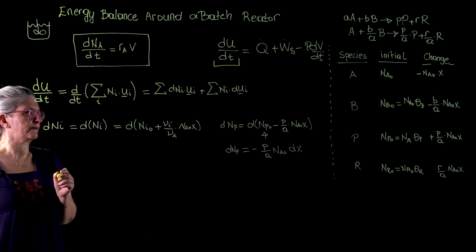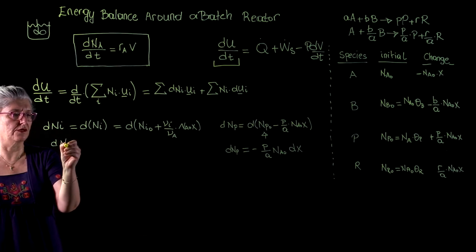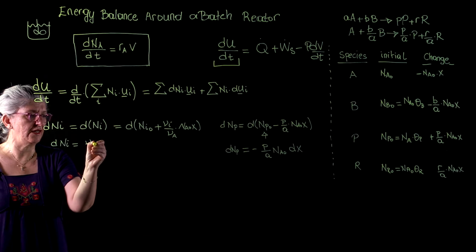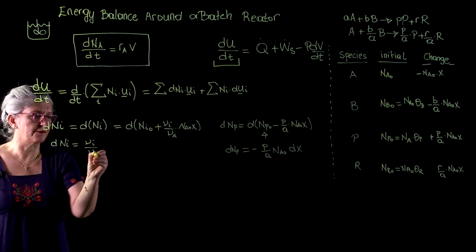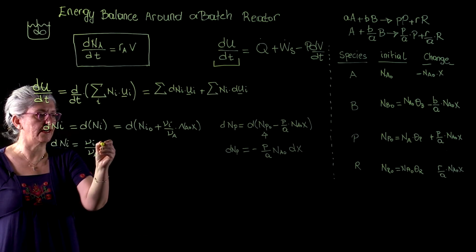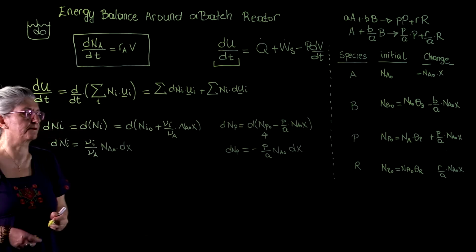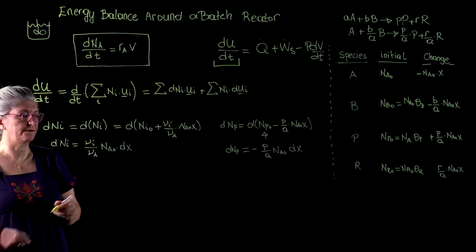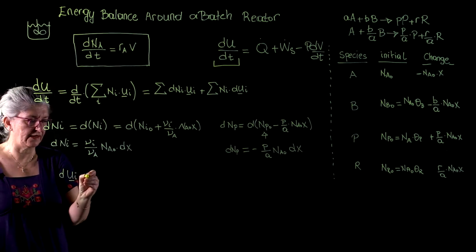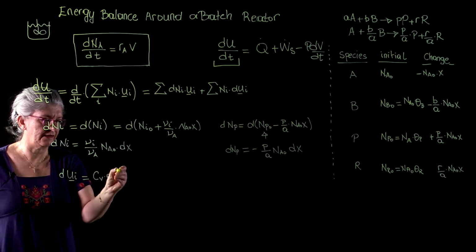Okay. So dN_i is equal to, in its most general form, nu_i over nu_A, the principal stoichiometric coefficient of the principal species, in this case A, times N_A0 times dX. What is du_i? du_i is C_V times dT.